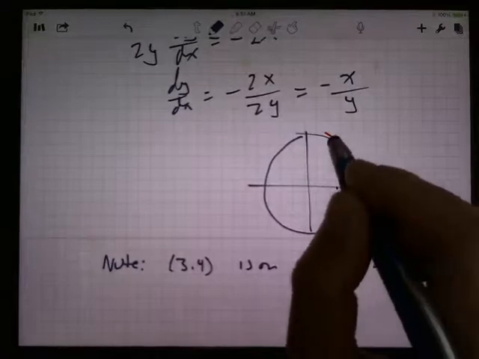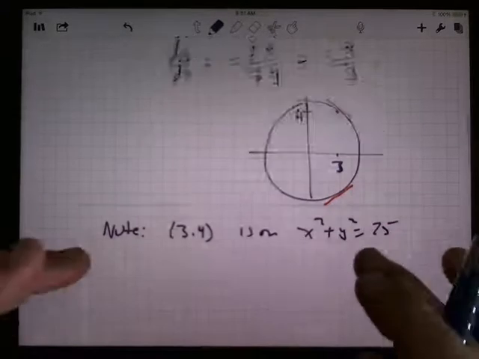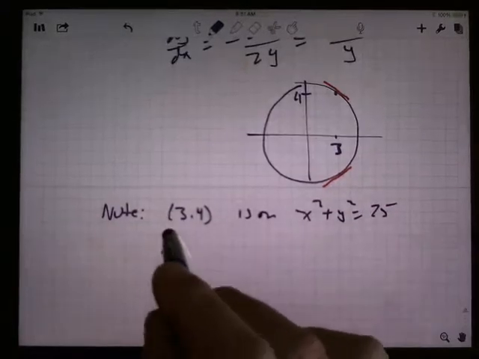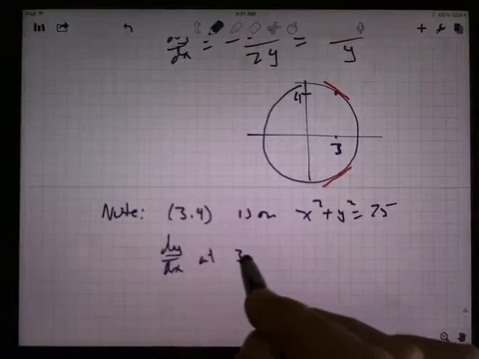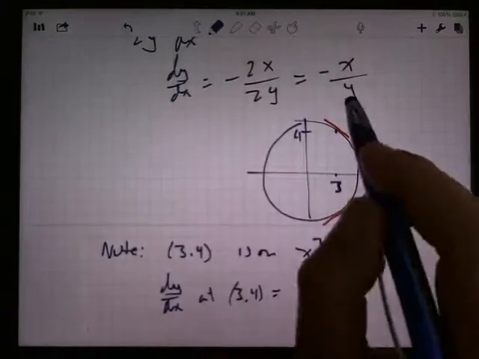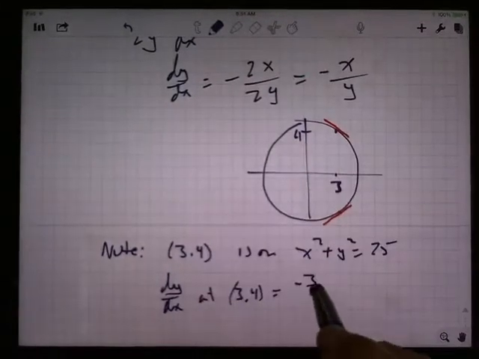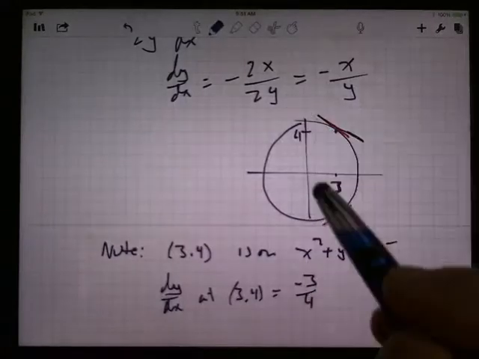So if this was (3, 4), then the slope dy/dx at (3, 4) equals negative x over y, so negative 3 over 4. So the slope would be negative 3/4 right here.